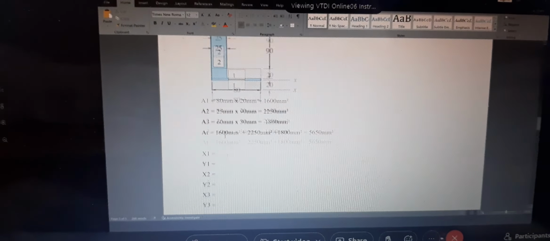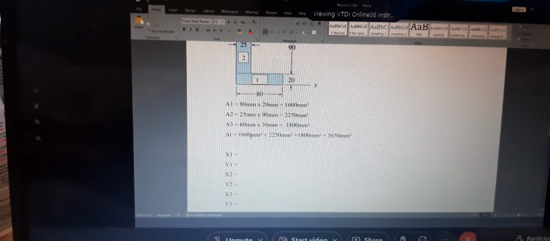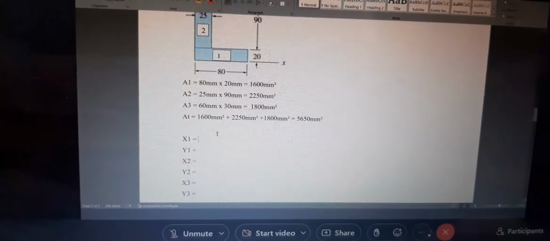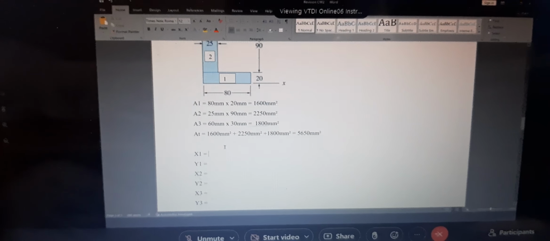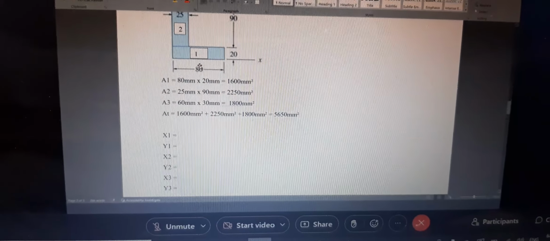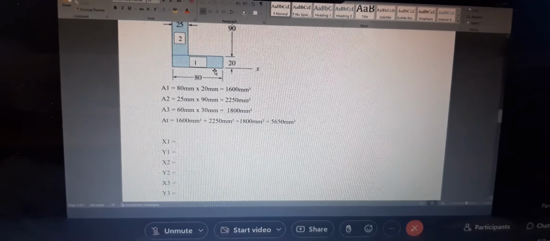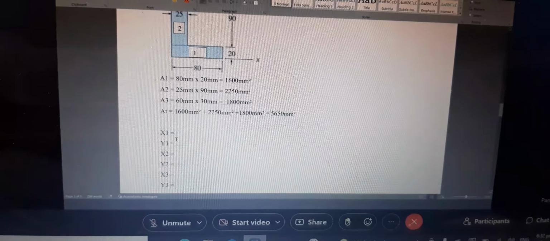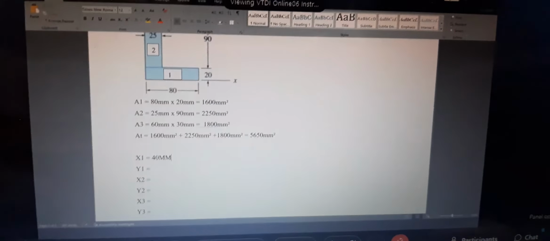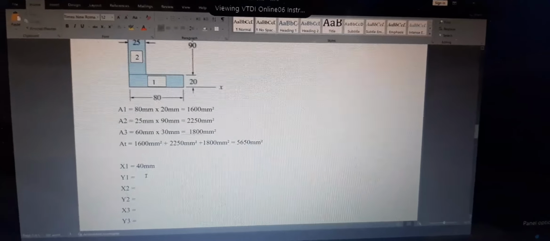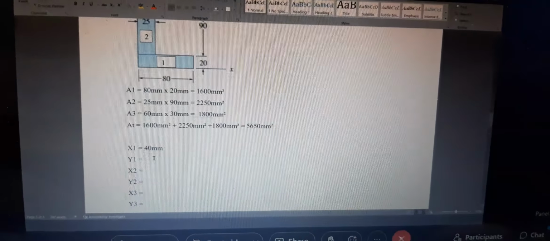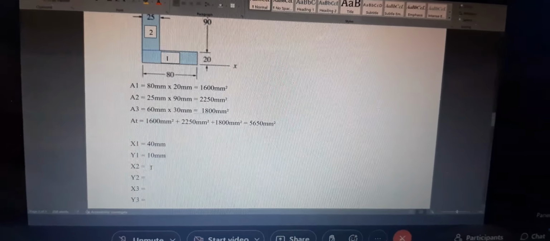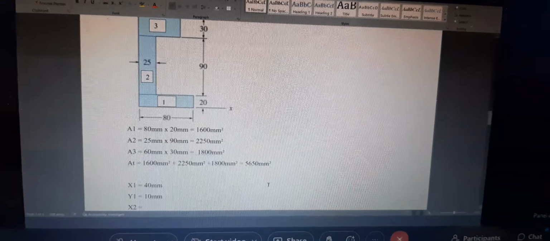For my center of gravity, my CG, it's 40, from the 80. Remember, it's a rectangle, so it's half of it. It would be half of the 80. What would be my y? 10 mm. Good.